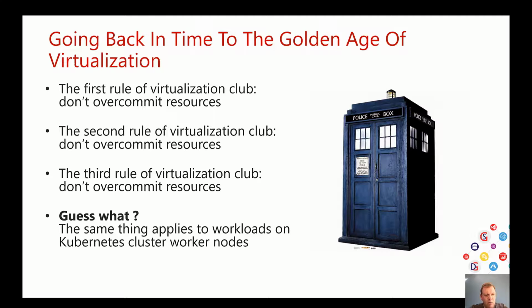One of the golden rules was don't overcommit resources. So in the world of virtualization, this means don't have too many virtual machines running on your underlying physical hardware. In terms of Kubernetes, it means don't have too many pods running on your Kubernetes cluster worker nodes.